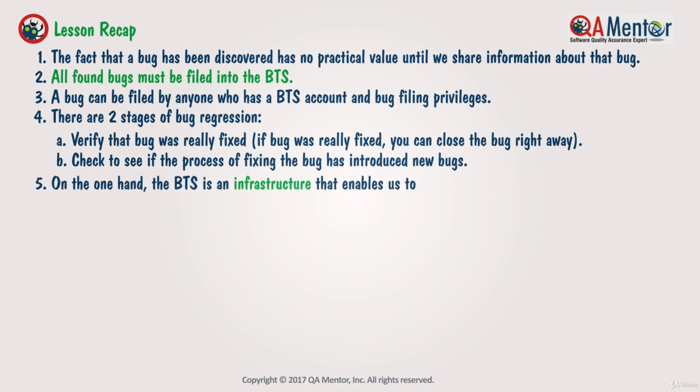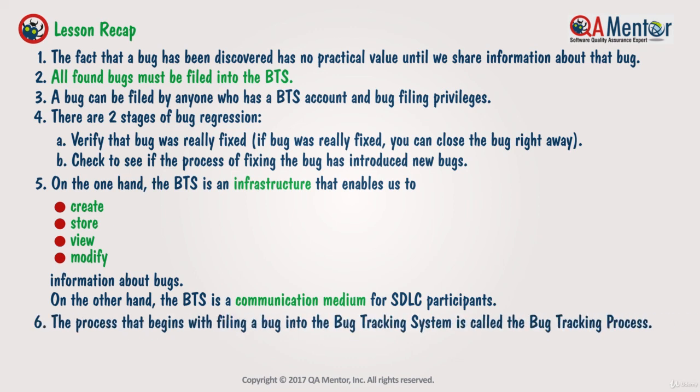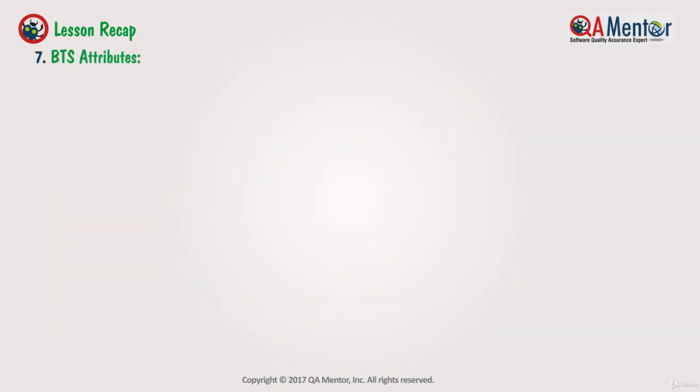5. On the one hand, the BTS is an infrastructure that enables us to create, store, view, modify information about bugs. On the other hand, the BTS is a communication medium for SDLC participants. 6. The process that begins with filing a bug into the bug tracking system is called the bug tracking process. 7.